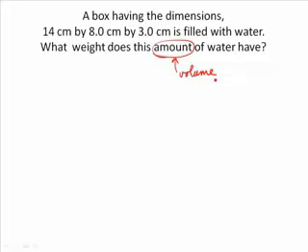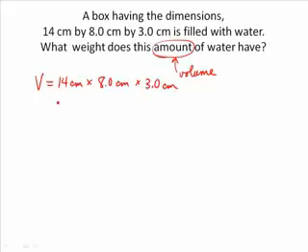So my volume is going to be 14 centimeters times 8 centimeters times 3 centimeters. So I get a volume then of 336 cubic centimeters. That's what we know right there.